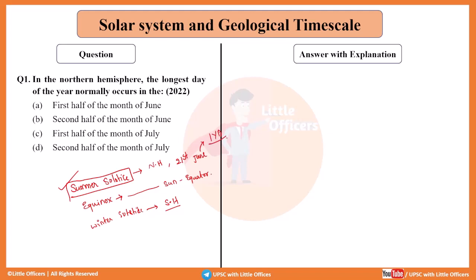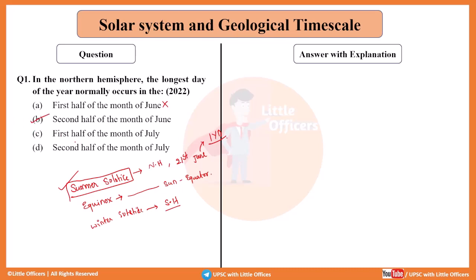From 2016 onwards we are celebrating it, and UNGA has accepted this as the International Day of Yoga. Now on the basis of it, what is the position of the sun? When does this normally occur? First half of the month of June is wrong because 21st comes in the second half of June. So B is the correct answer.